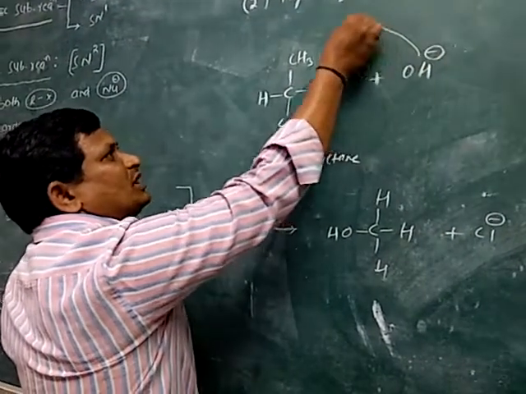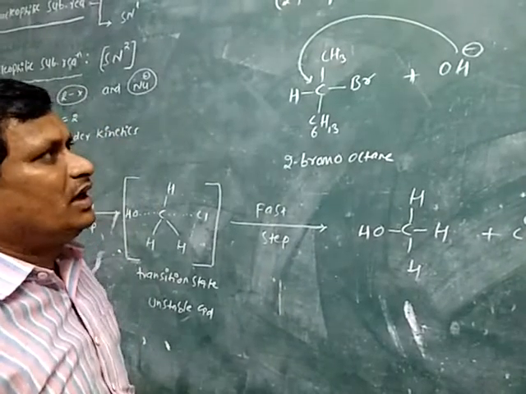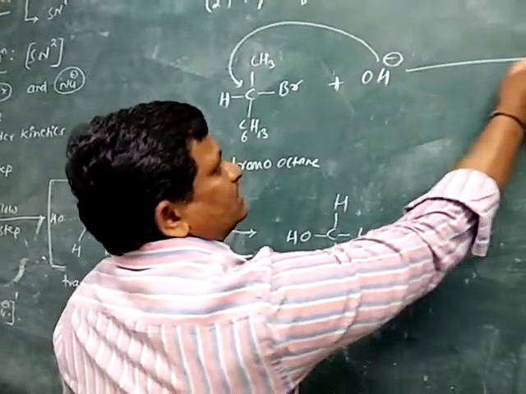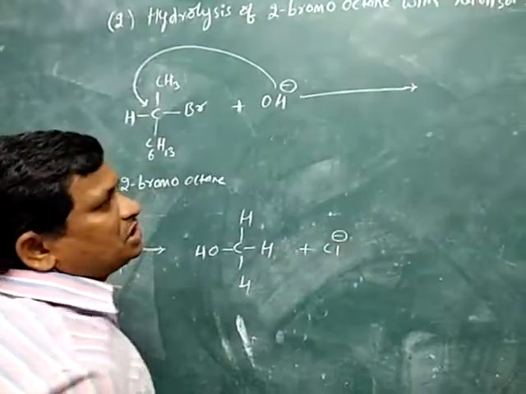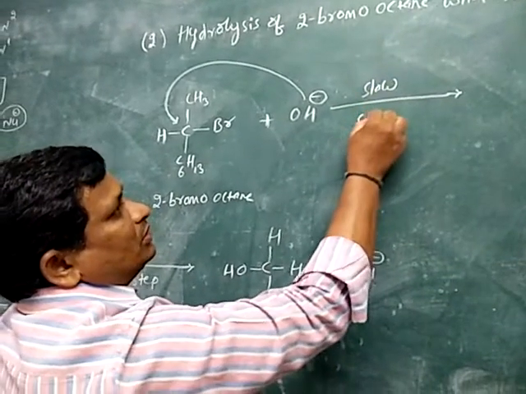The OH minus nucleophile attacks the back side of the carbon. Then it gives an unstable transition compound in the slow step.